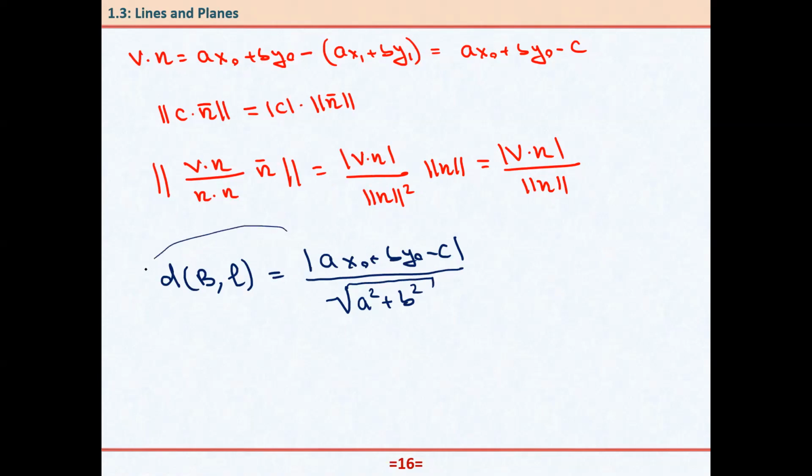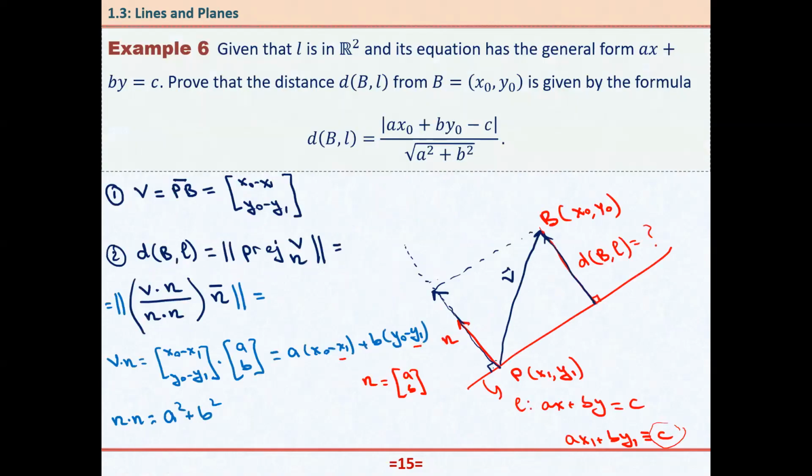So that is the distance formula from a point to a line in two-dimensional space. That is what we had to prove, actually. That is the given formula. We just proved this formula.